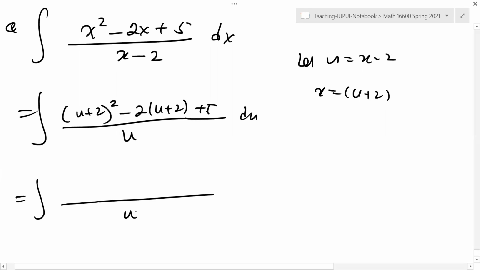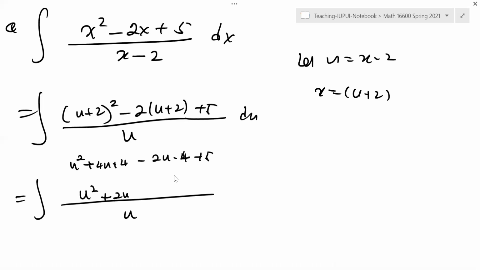Then we expand the numerator, okay? So this is u squared plus 4u plus 4, right? Minus 2u minus 4 and plus 5. So again, it's u squared plus 2u. 4 minus 4 is gone, it's just plus 5.